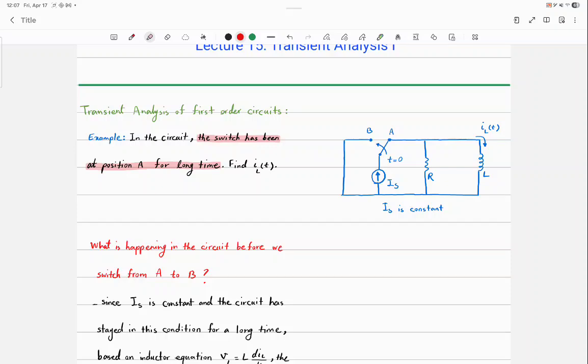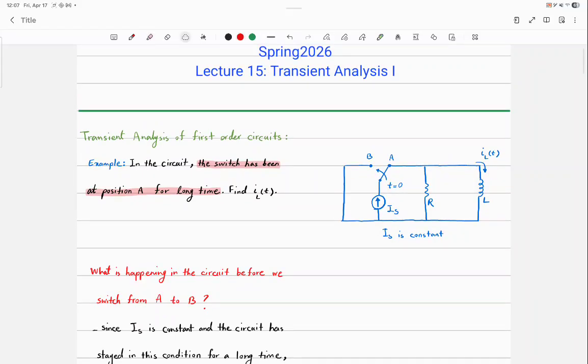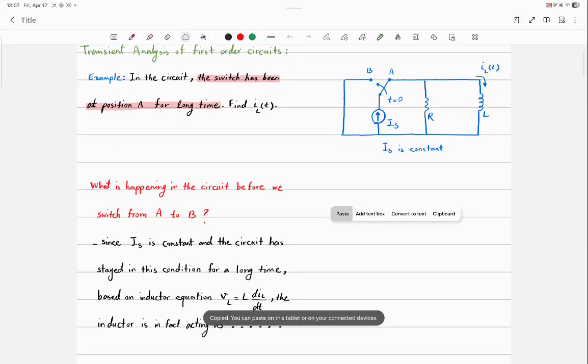Now, the first question is, what is happening in the circuit before we switch from A to B? So let me see. I'm going to copy the circuit here.